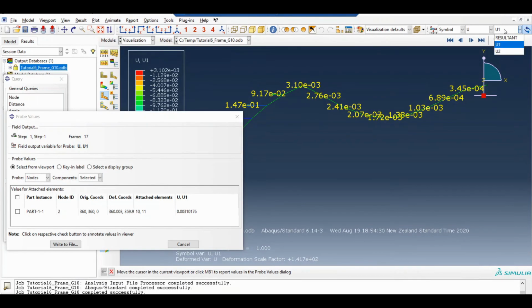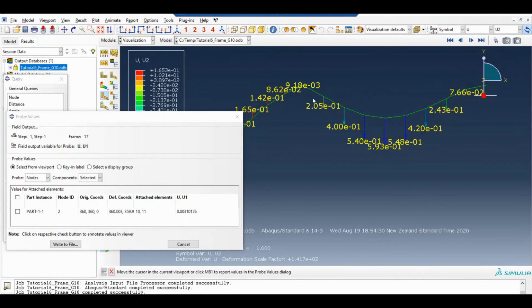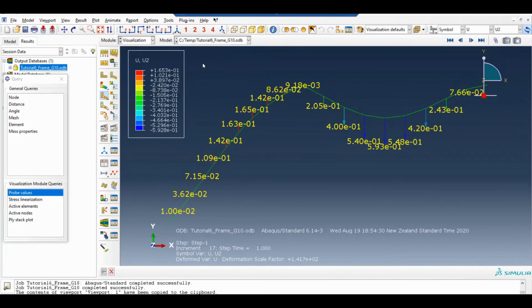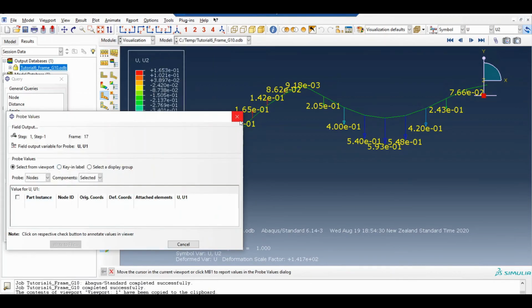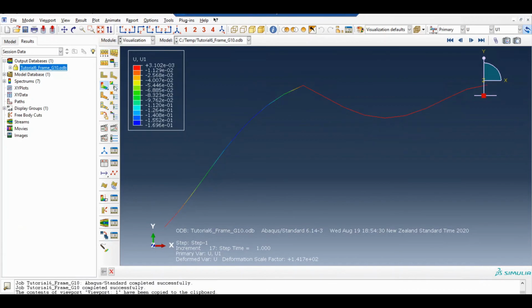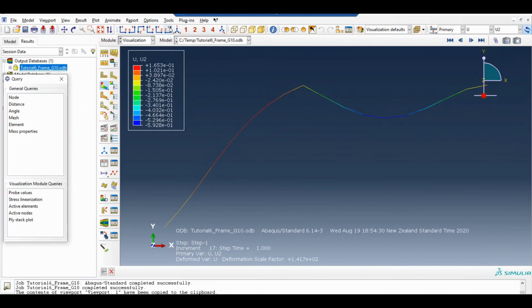Let's look at our vertical displacements. Let's select this value here. So this is still U1. Yes, okay. Query, prop values. This is still showing U1. So let's look at this one. Let's look at U2. Let's go to query again.